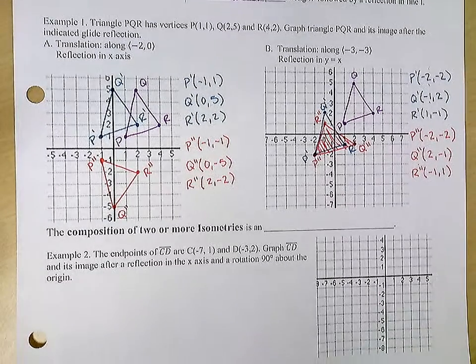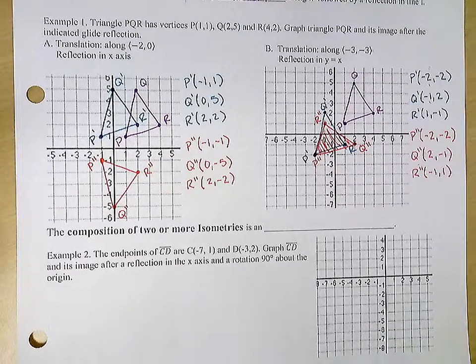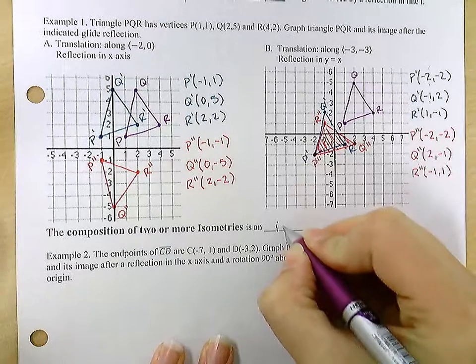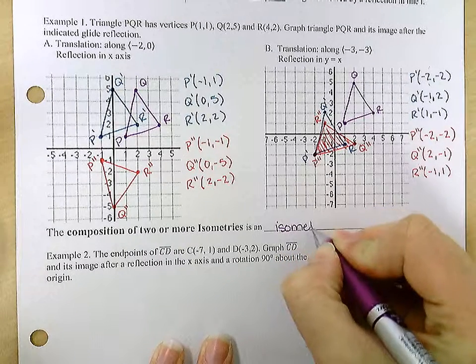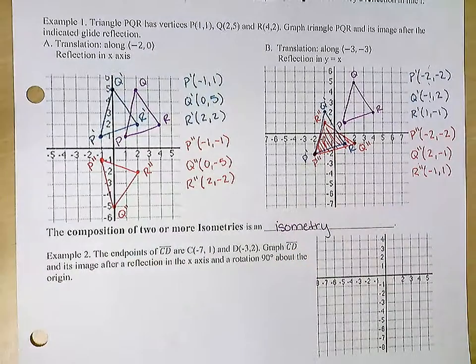Then, the composition of two or more isometries is still an isometry. An isometry again is a transformation that keeps its size and shape. So when we did this glide reflection, that translation and then the reflection, our triangle still stayed a triangle and it still had the same length on each side.